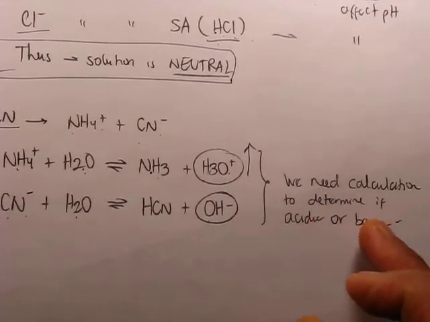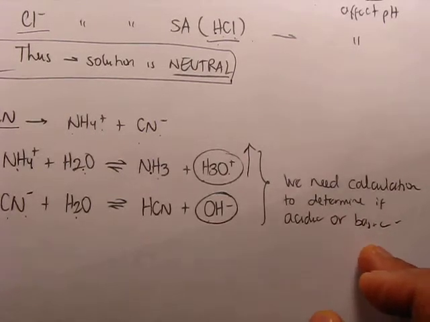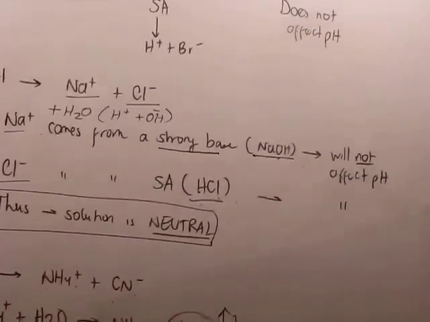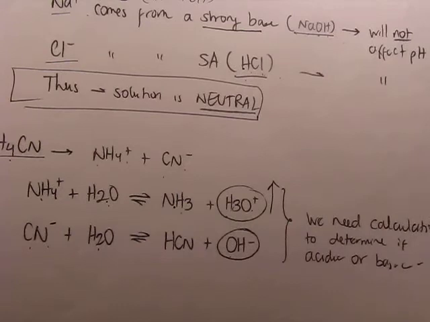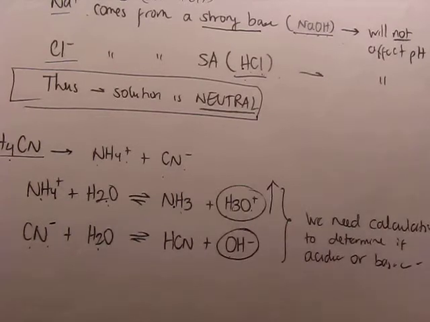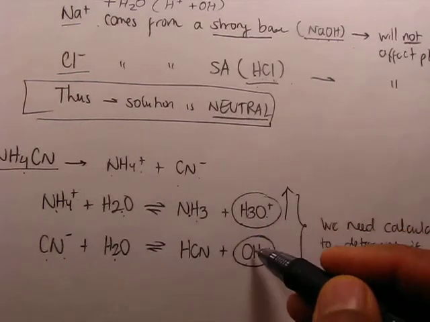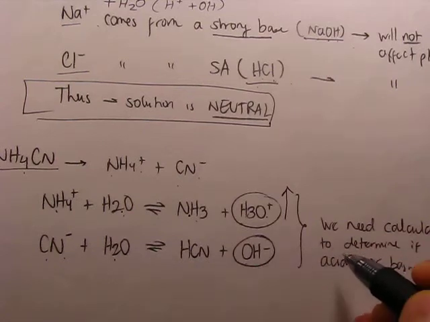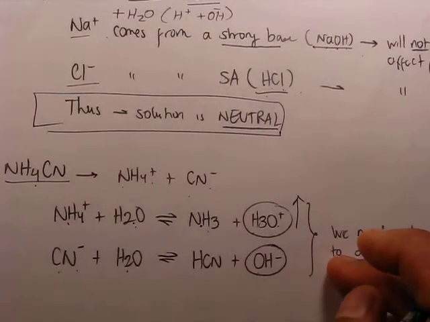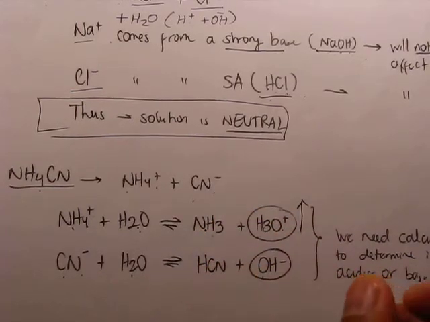So we need to calculate to determine its acidity or basicity. If both ions come from a weak acid and a weak base, we really have to understand which concentration is higher, whether the hydronium ion concentration or the hydroxyl ion concentration. Then we have to calculate. This type of salt needs calculation, and we'll see one example in the next video.